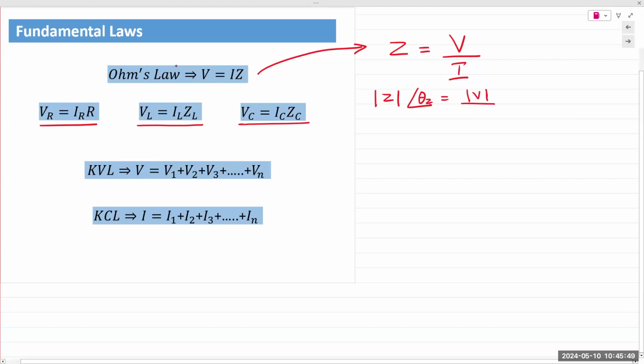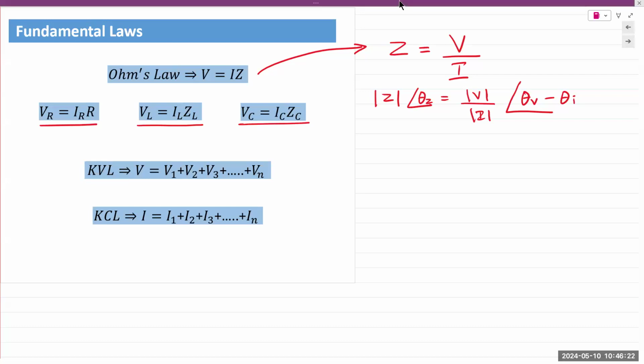You have the magnitude of the voltage divided by the magnitude of the current. What happens to the phase angles? They get subtracted. So theta V minus theta I. That's the standard equation for impedance. Z is V divided by I, always. That doesn't change. So impedance for any quantity, whether it's a resistor, inductor, or capacitor, will always have theta V minus theta I. The numerator minus the denominator. So the phase angle of the voltage minus the phase angle of the current.